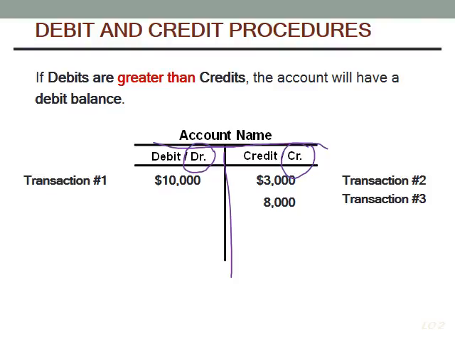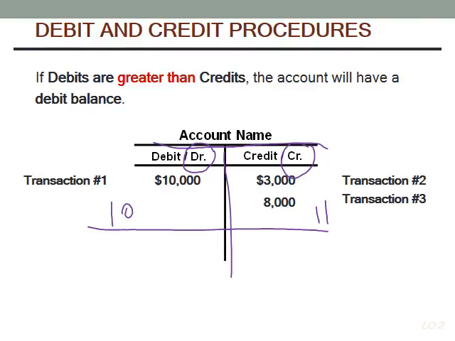And the next thing that I want to show you is how we can balance each T account. So what we would do is add up the left and add up the right sides. You can see that the left or the debit side adds up to $10,000 and the credit or the right side adds up to $11,000. Now you take the difference between $10,000, the debit side, and $11,000, the credit side.